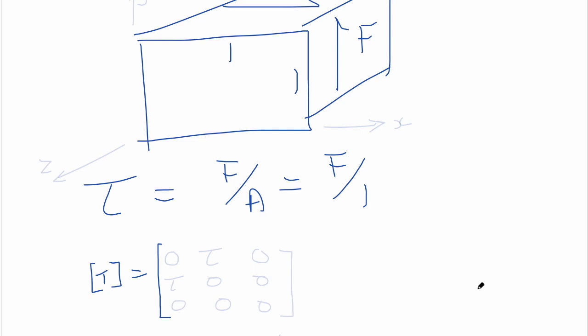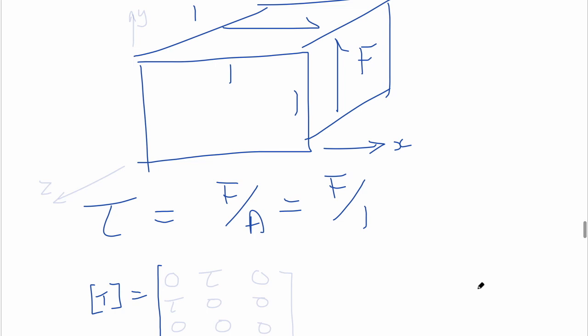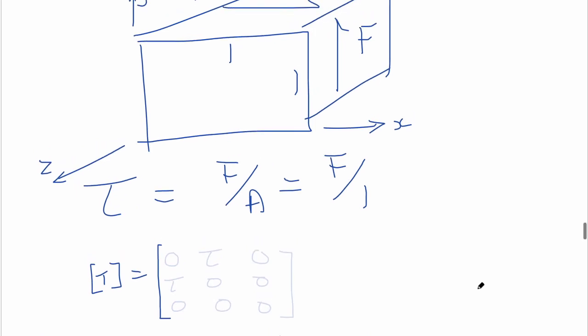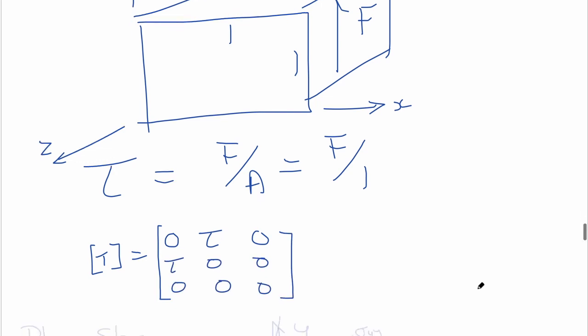And you can imagine that to be in equilibrium, there must be equal and opposite shear tractions acting on the opposite faces. So the stress tensor here has no normal stresses and only shear stresses tau.